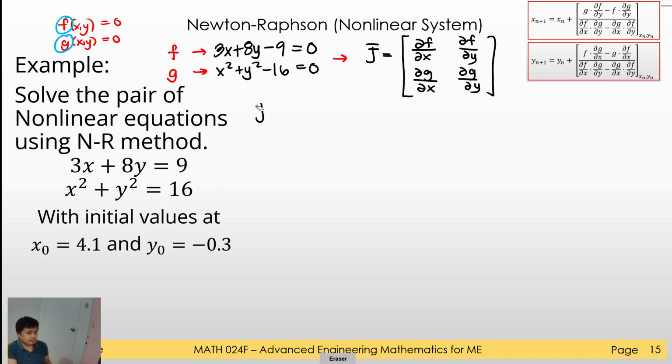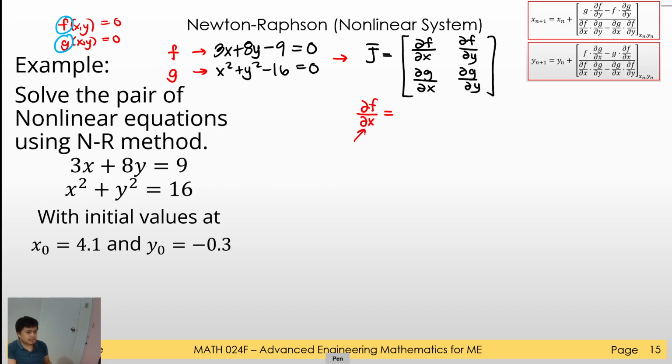So the Jacobian matrix will be equal to, or actually I'll just write here the values of the Jacobian elements. So the partial derivative of f with respect to x.